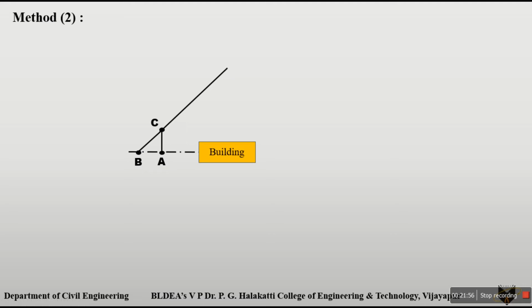How to select this point? Convenient length means, if you draw a continuation of this line, this is just half of the building. The point you are considering should be marked on the ground at more than half of the length of the building. Then you have to fix this point. Okay, that point is D.